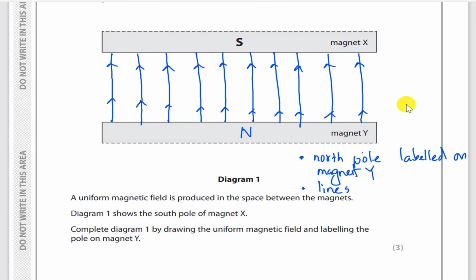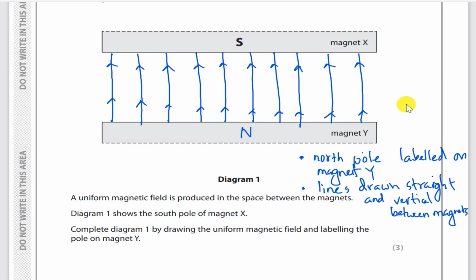Lines drawn straight and vertical between magnets. Lines are equally spaced with arrows pointing upward, because it is a uniform magnetic field.